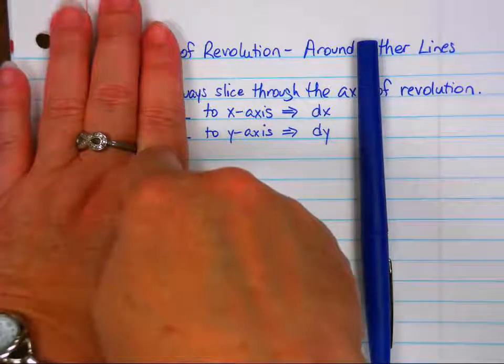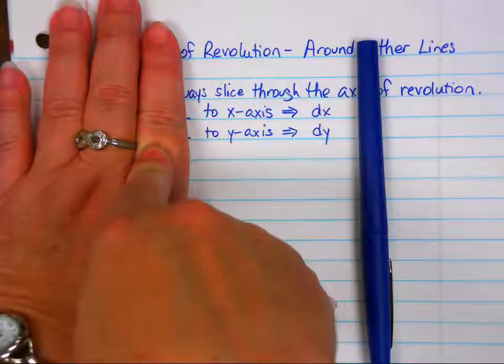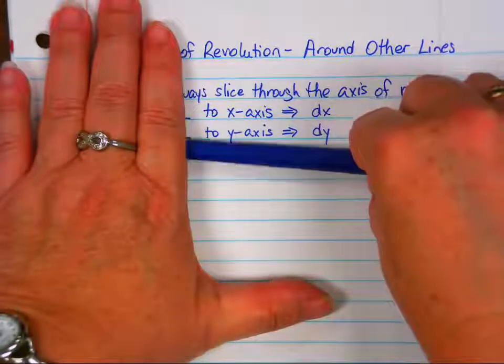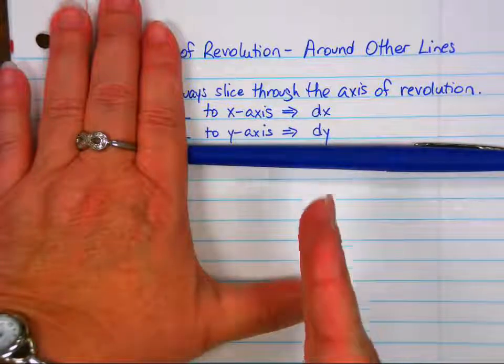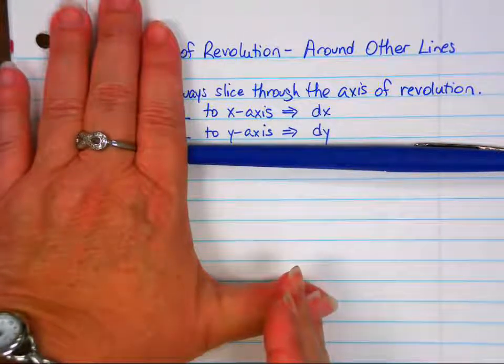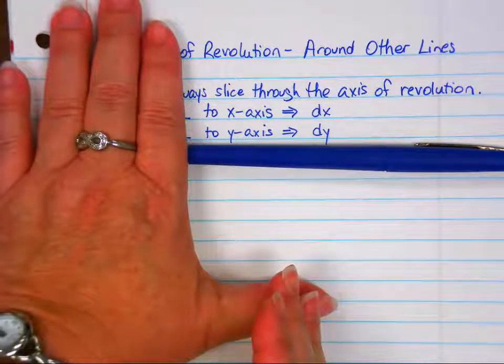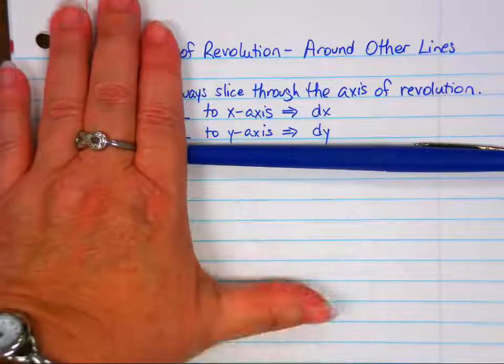I would hit the y. That means it's a dy problem because it's perpendicular to the y. Slicing perpendicular to the y. If my line is this way, and I'm slicing through the axis of revolution, I'm eventually going to hit the x-axis. So that's considered perpendicular to the x, thus it's a dx. Okay? When we do sample problems, that'll make a little bit more sense, but I wanted to give you an intro to how that works.